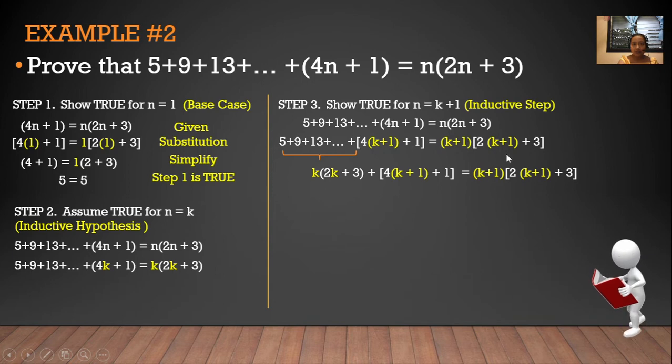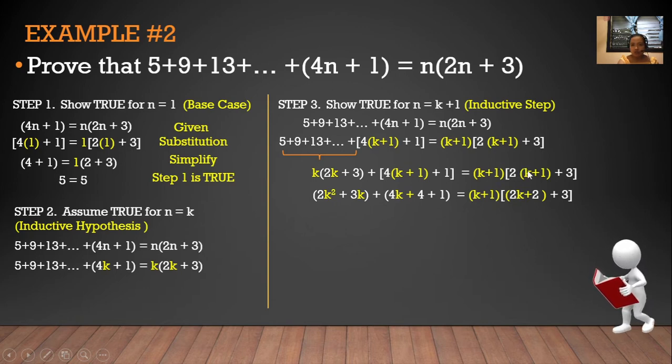Next, we are going to distribute the k to all the terms in the binomial. So distribute, that becomes 2k squared. k times 3 is 3k. And we are going to distribute again 4k. 4 times 1, 4. And then copy.